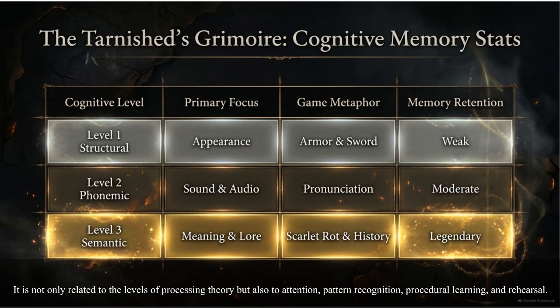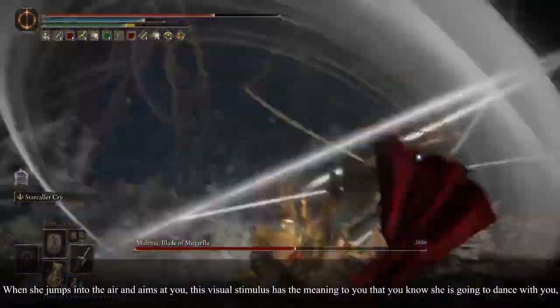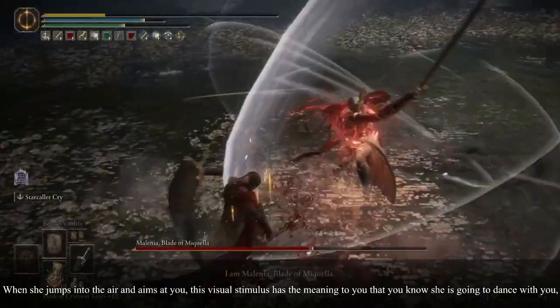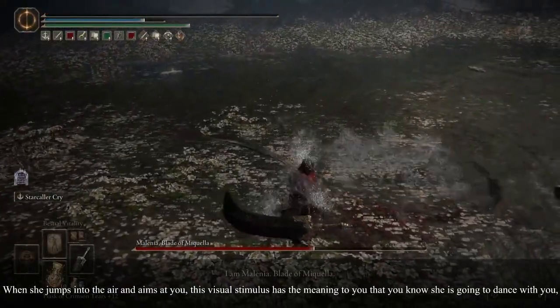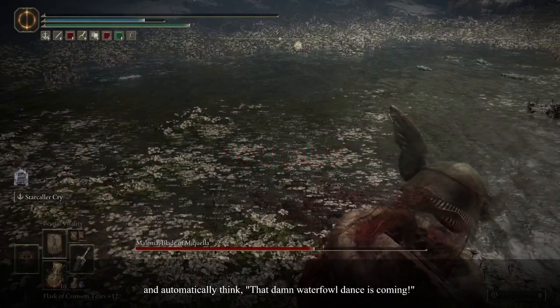It is not only related to the levels of processing theory, but also to attention, pattern recognition, procedural learning, and rehearsal. When she jumps into the air and aims at you, this visual stimulus has meaning to you, that you know she is going to do the dance, and you will automatically think that the Waterfowl Dance is coming.